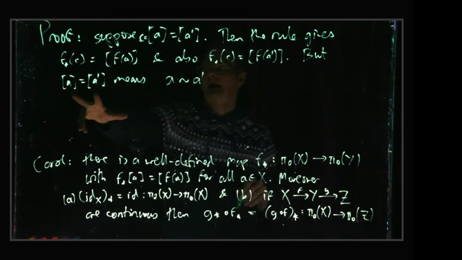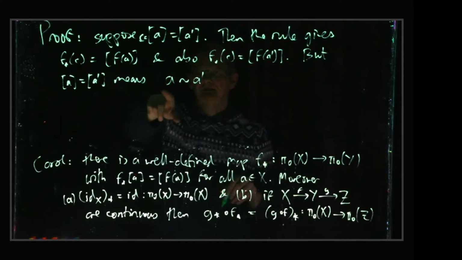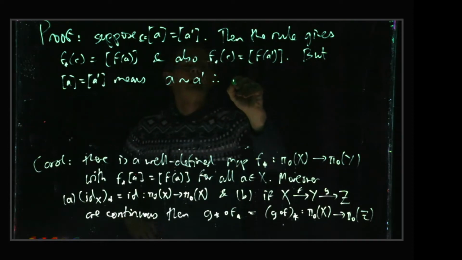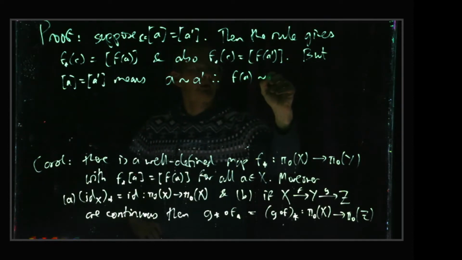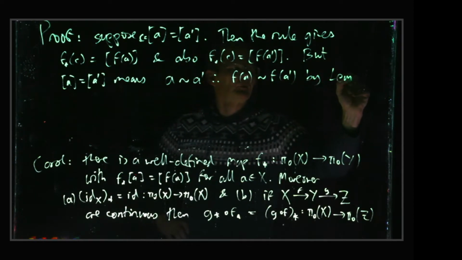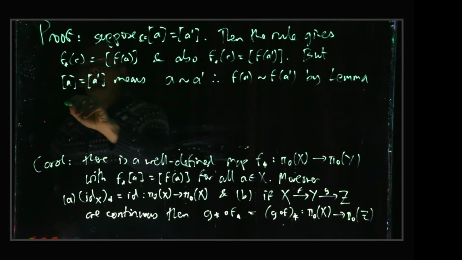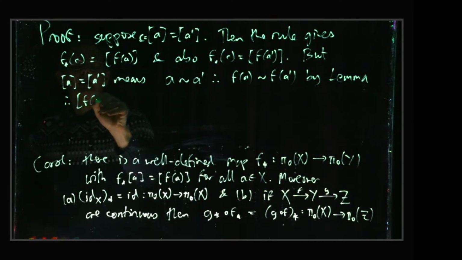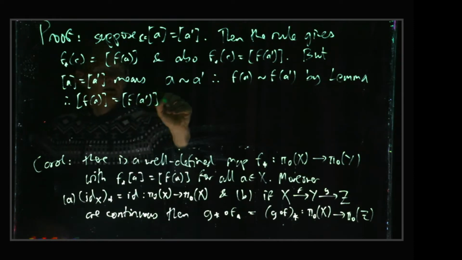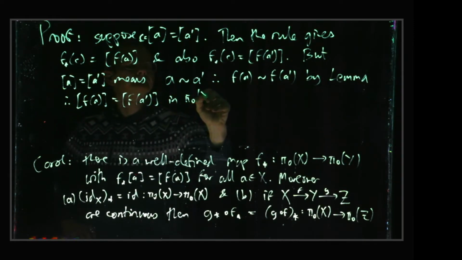But if square bracket A is equal to square bracket A prime, that's the same as saying that A is related to A prime. Therefore, f of A is related to f of A prime by the lemma that we just proved. Therefore, square bracket f of A is equal to square bracket f of A prime in pi0 Y.